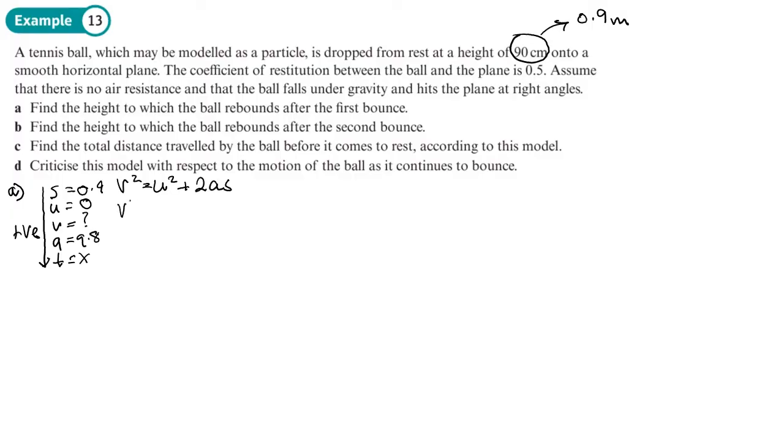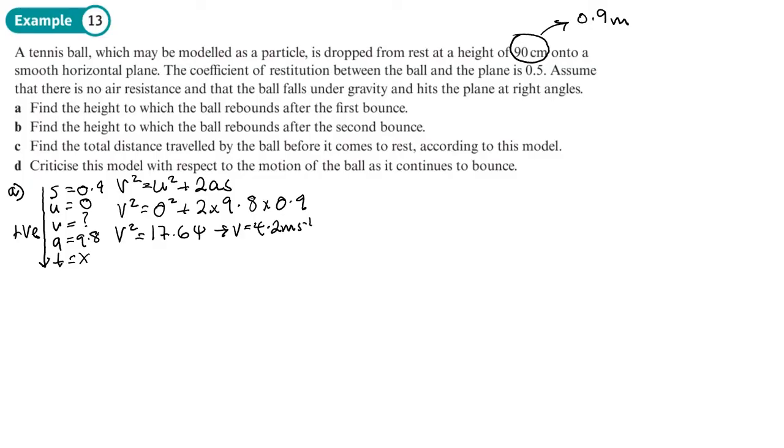So V squared is 0 squared plus 2 times 9.8 times 0.9. That will give us V squared equals 17.64, and we'll square root that to find V. So V is 4.2 meters per second. That's the speed at which it hits the ground.